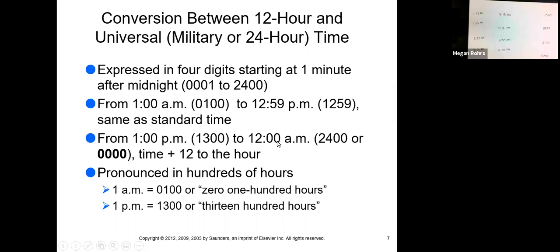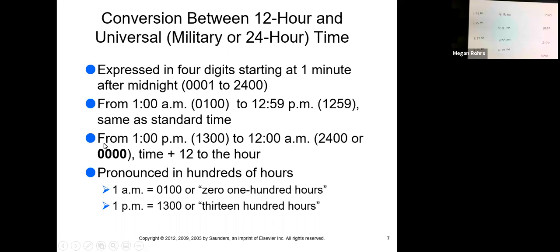Okay, so midnight, 12 a.m. is 2400 or 0000. Now this book tends to use 0000, so just 4 zeros. Depending on however you prefer, I really don't mind how you write out the notation for midnight, which is 12 a.m.